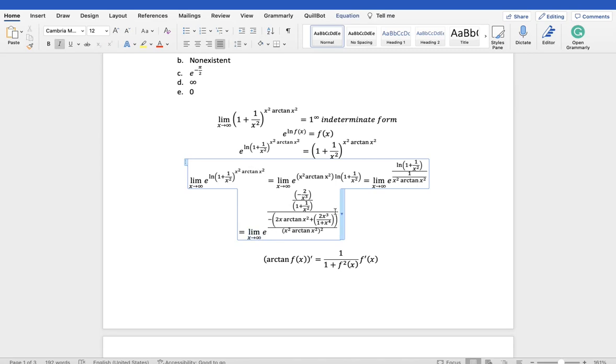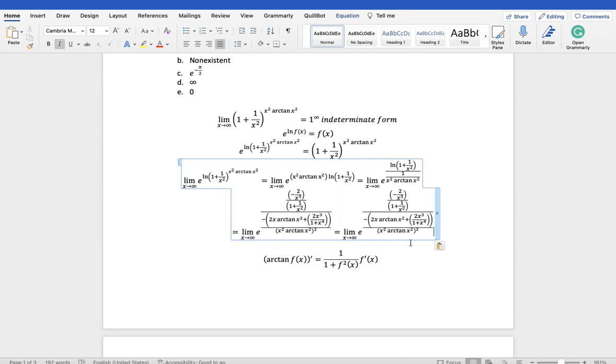Okay, but it's a very big expression, so the way we would simplify this is, let me just recopy this entire thing. It's a very big thing.